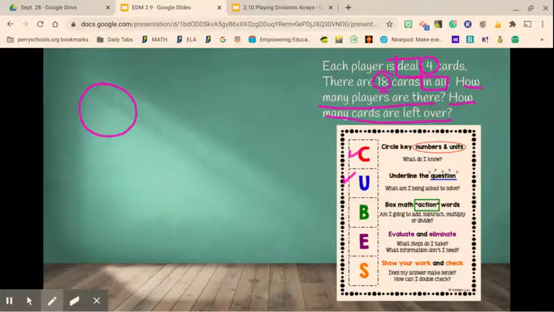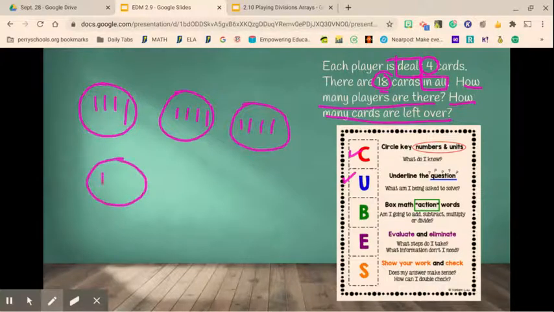I'm going to draw one person and they get 4. 1, 2, 3, 4. I'm going to draw another person and they get 4. 1, 2, 3, 4. That is 4 plus 4 is 8. 9, 10, 11, 12. Remember, I have 18. 13, 14, 15, 16, 17, 18.